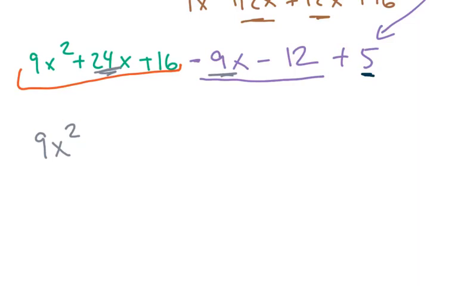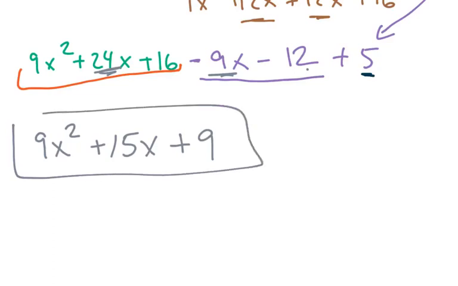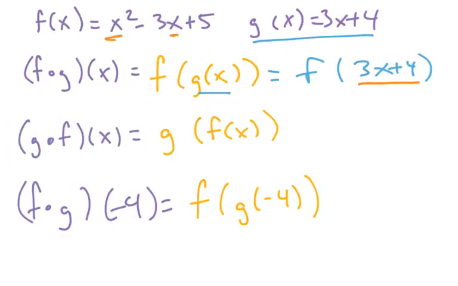I have a 24x and a minus 9x, which gives me 15x. 16 minus 12 is 4, and 4 plus 5 is 9. And that is my answer for the first part. So all of this is equal to 9x squared plus 15x plus 9.